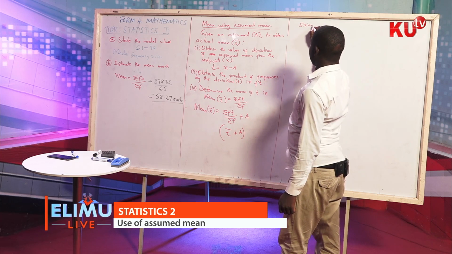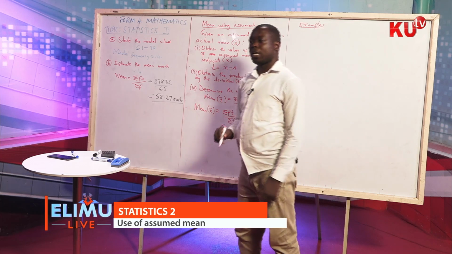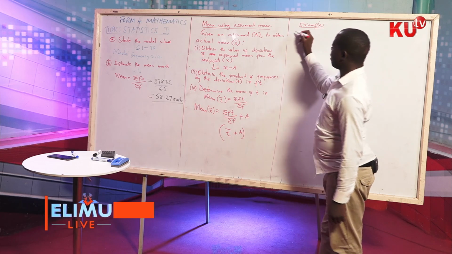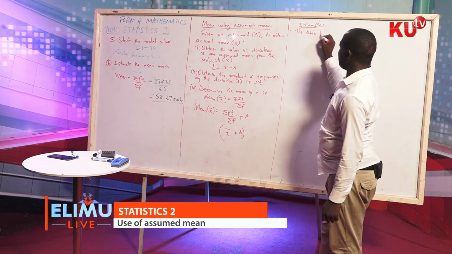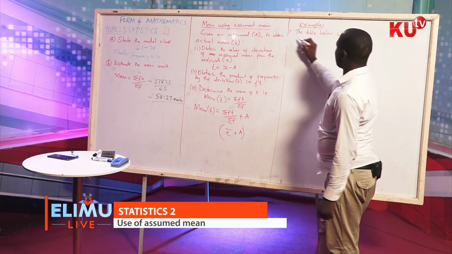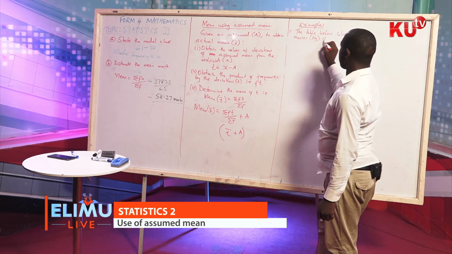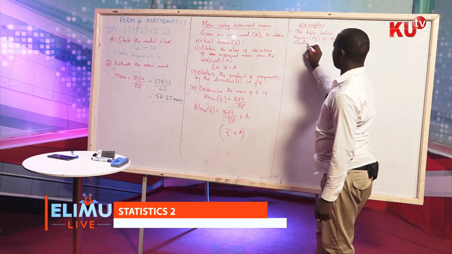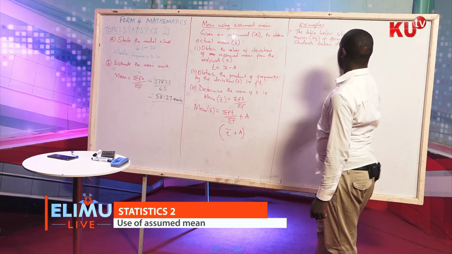Let's put this in practice. Students, let's put this in practice by looking at the following example. Number 1, the table below shows masses in kilograms of Form 1 students taken during their admission.